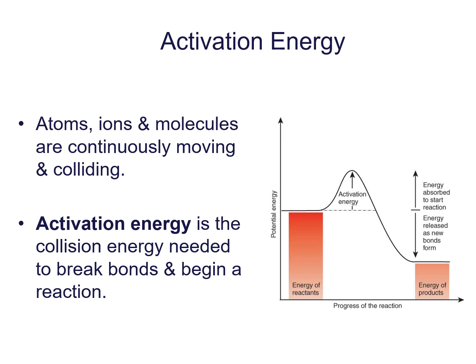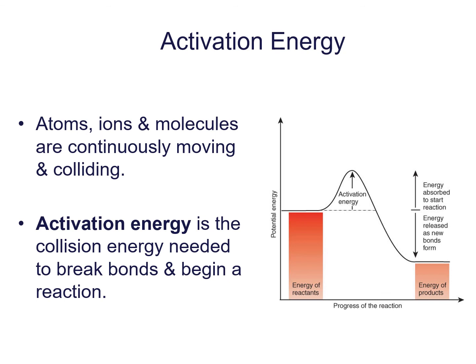That little bit of energy we have to put in is known as activation energy. So with the propane example, the spark in the barbecue was the activation energy that got things started. Incidentally, once you start burning propane, there's more than enough heat there to break the bonds in new propane molecules coming into the barbecue so that that reaction continues.